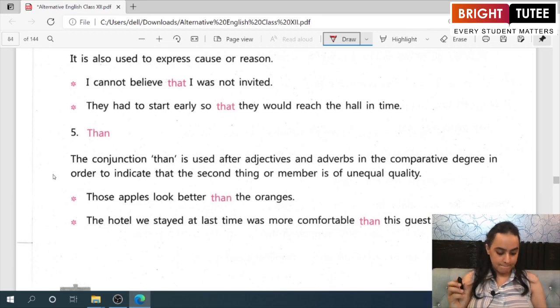So, the reason is that you were not invited. They had to start early so that they would reach the hall in time. So what was the reason for them to have started early? So that they could reach the hall on time.